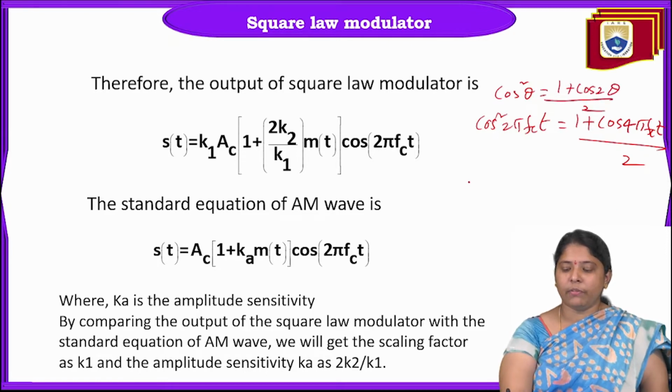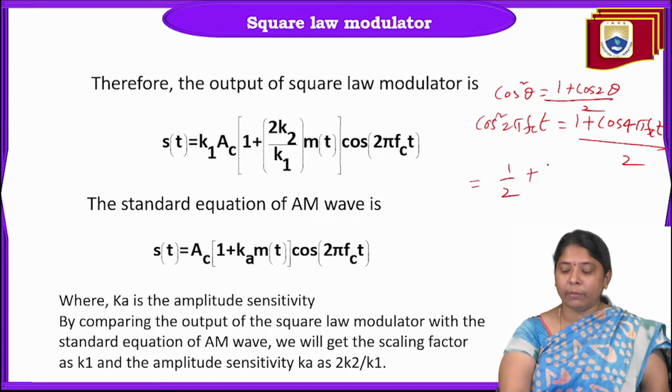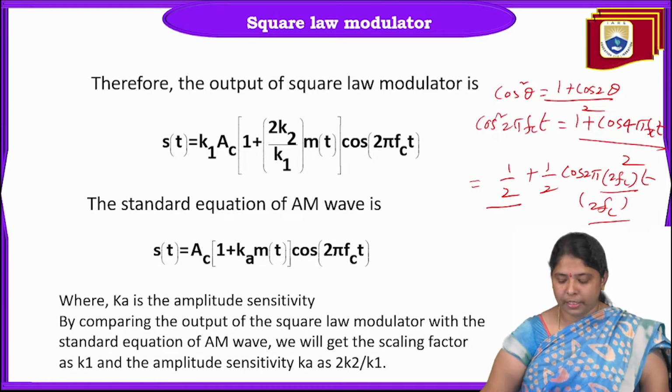Now the first term is 1 by 2, a DC component, and the second term is 1 by 2 into cos 2 pi into 2 fc into t. So the DC term is rejected by the band pass filter and 2 fc is also rejected, because the band pass filter allows from Fc minus W to Fc plus W.